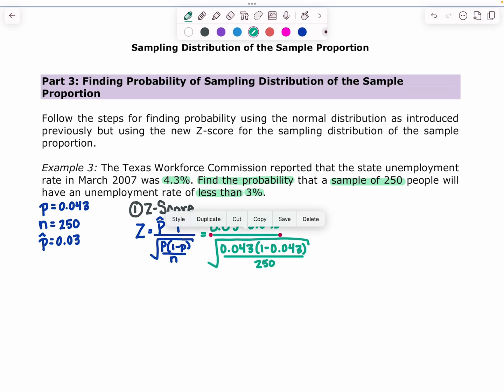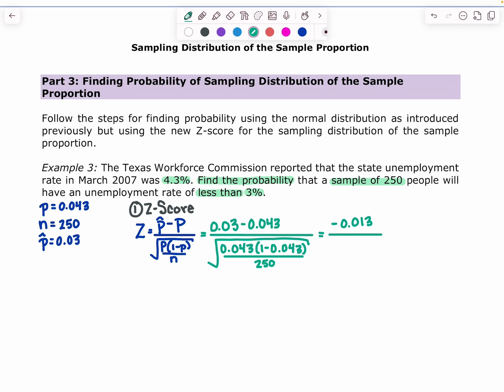Bring that over, extend this line. So 0.03 minus 0.043 is negative 0.013.